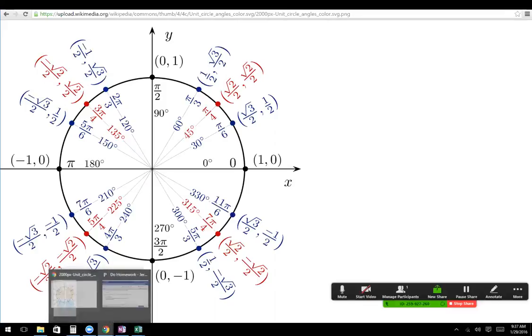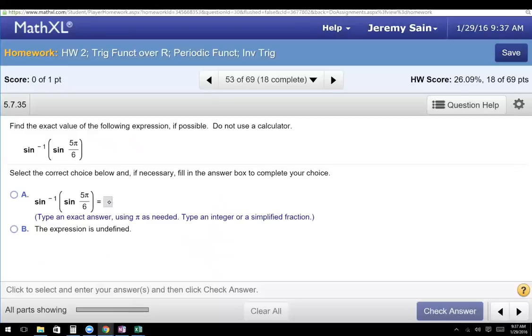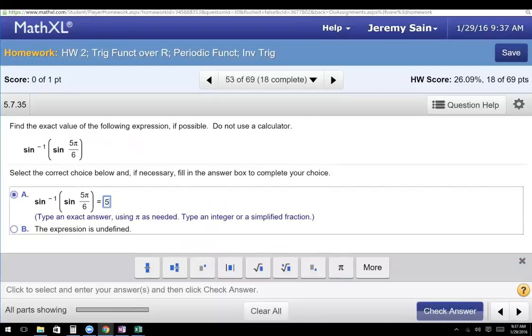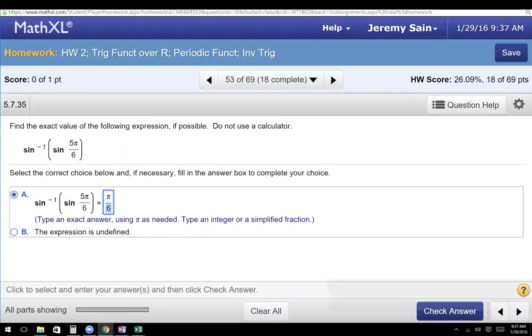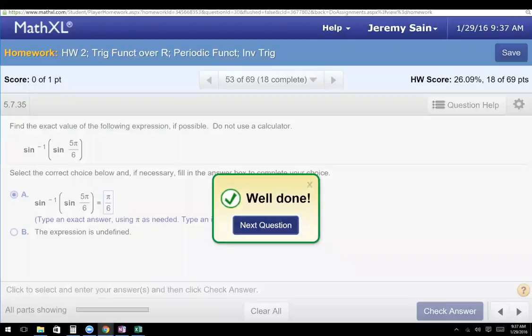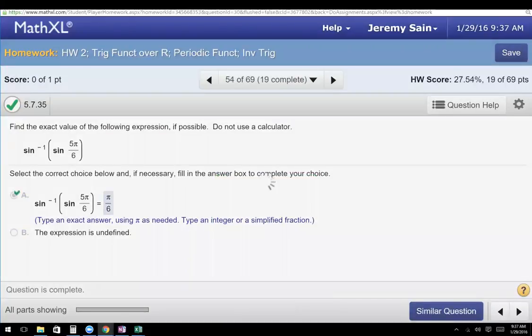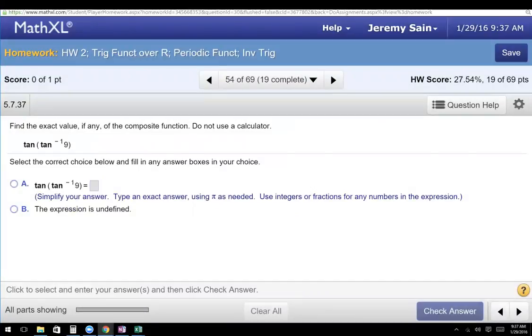Just making sure. If the y coordinate was negative, we'd have to look down in quadrant 4 to find it. But since the y coordinate was positive anyway, we're okay. Tangent of inverse tangent of 9.